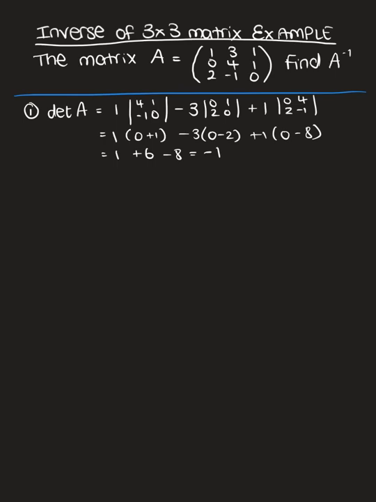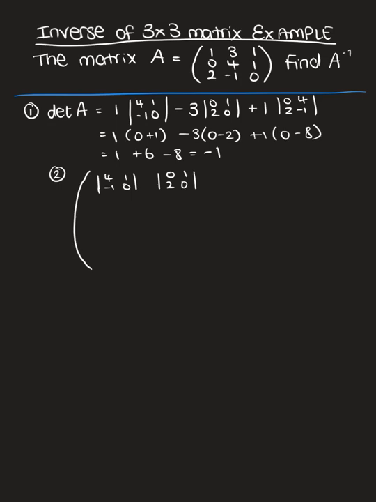That's our first step. Step 2 was to find the matrix of cofactors. So this is the bit that's time consuming. For each of these, for the top one, the cofactor was just the determinant of the matrix that was left.